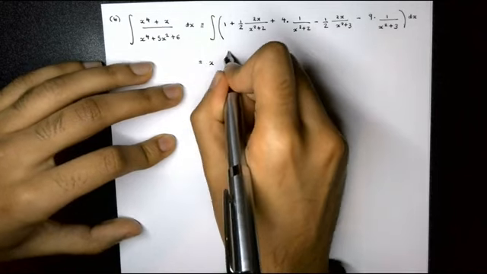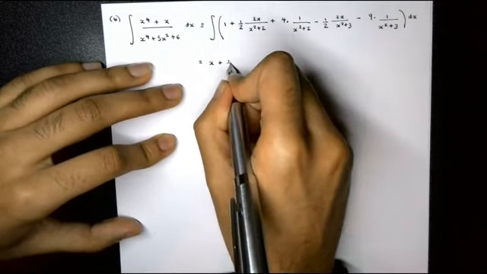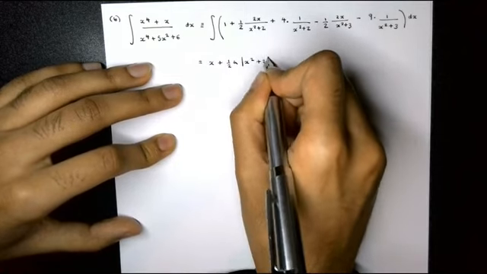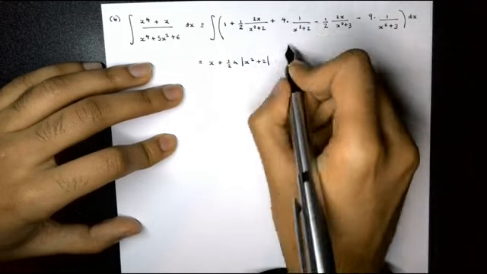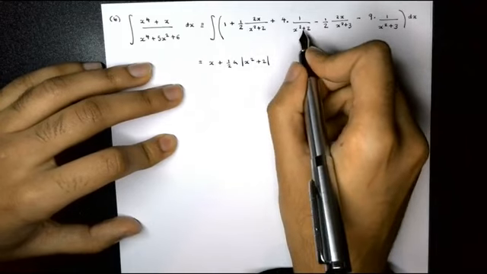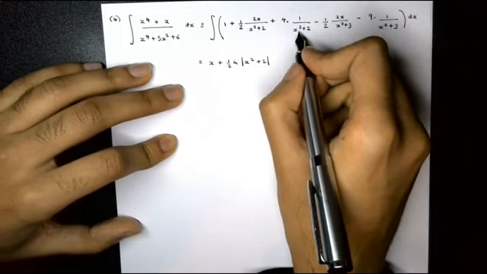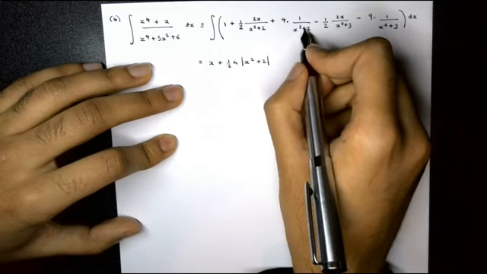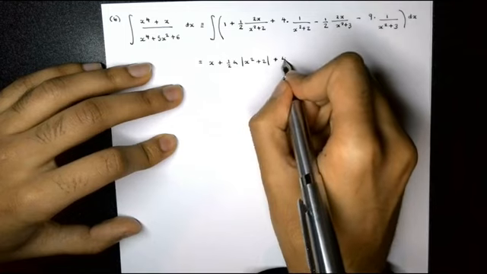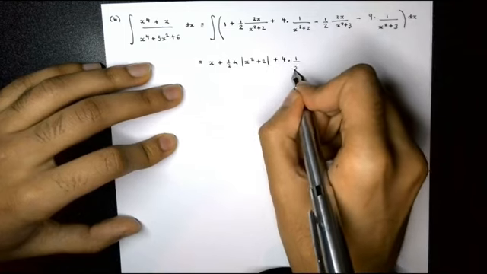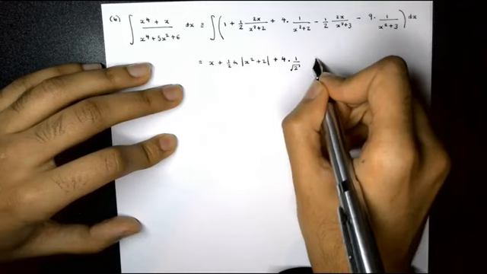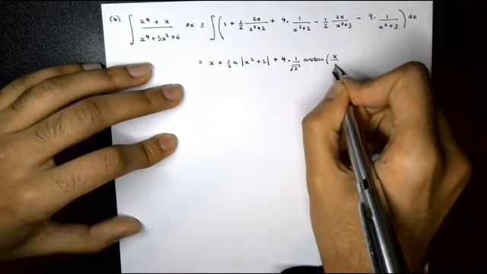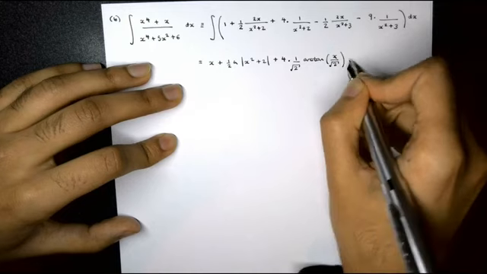integrating 1 we end up with x, integrating this result we end up with 1/2 times the natural log of x squared plus 2. Integrating this result, you can see this is of the form 1 over x squared plus a squared. Of course, a here is root 2. So here we've got 4 lots of 1 over root 2 times the arctan of x over root 2.